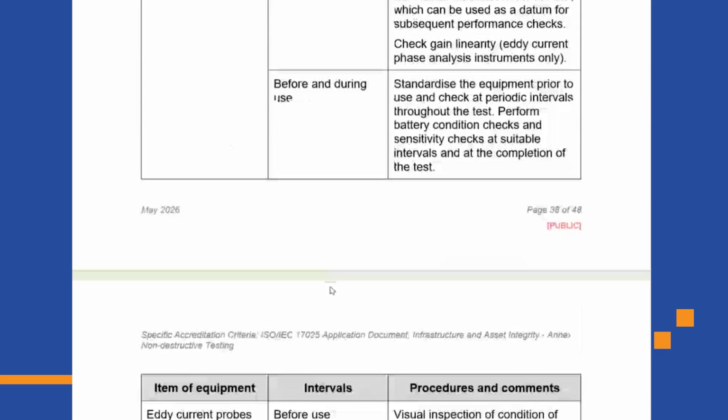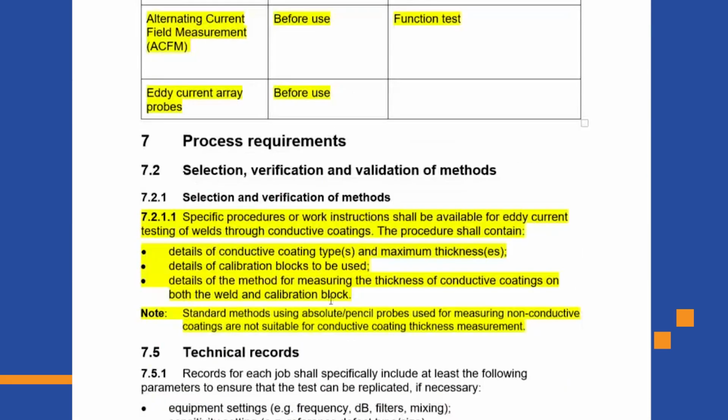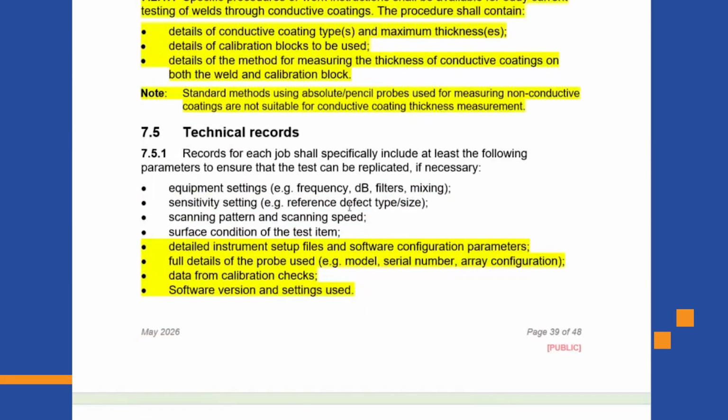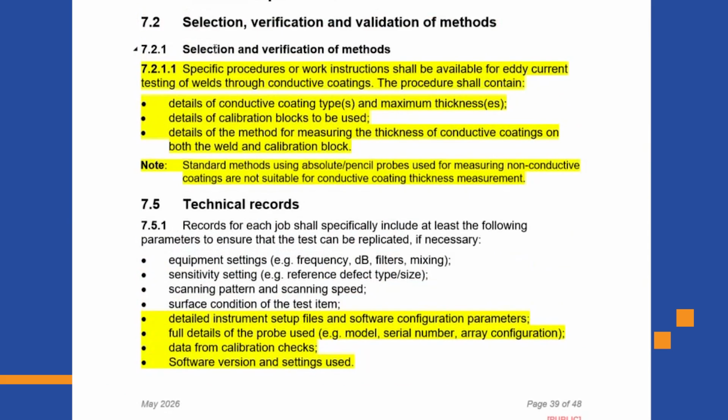Okay, moving on. Where did we stop? Yeah, again, in your procedure, for testing welds through conductive coatings, we now have certain requirements around the details of the coating, the calibration blocks used, and what method you used for measuring the thickness of these coatings.